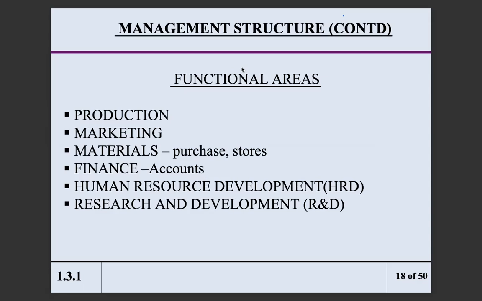Now the management structure continued. Here we have the functional areas we are going to discuss. When it comes to functional areas, we have production, marketing, materials, and under materials we handle purchase or the stores, and finance. When it comes to finance, we have the accounts, and lastly we have human resource developments, HRDs.